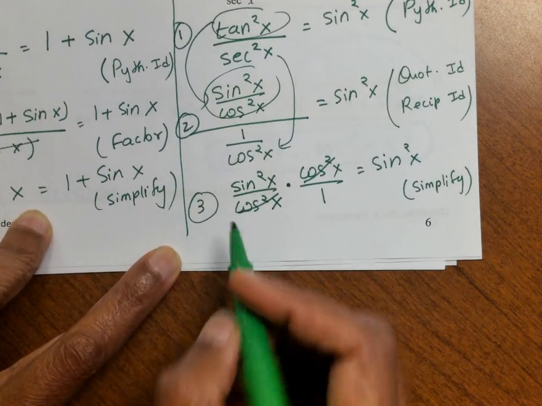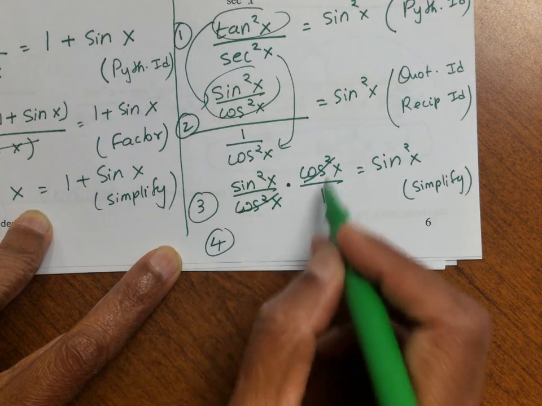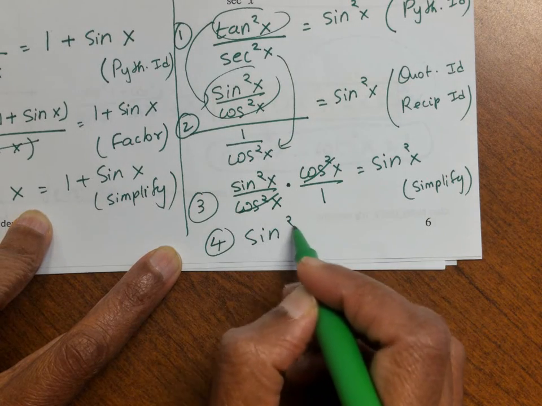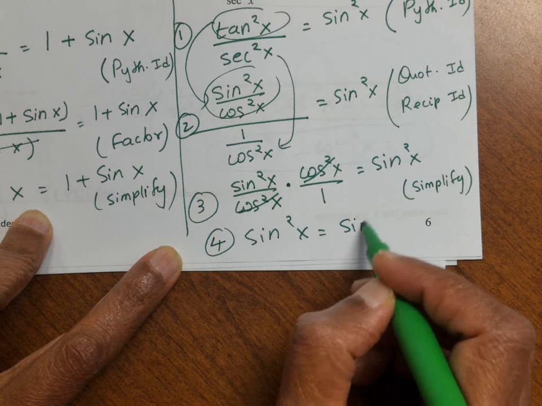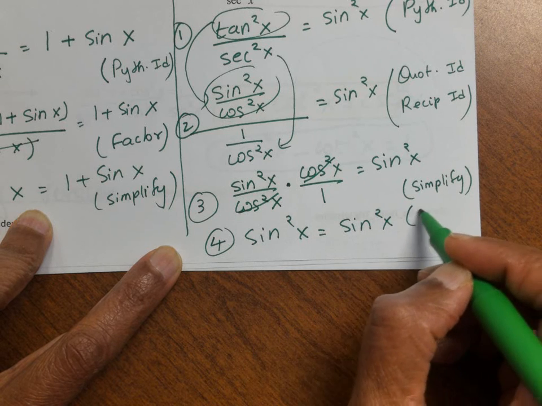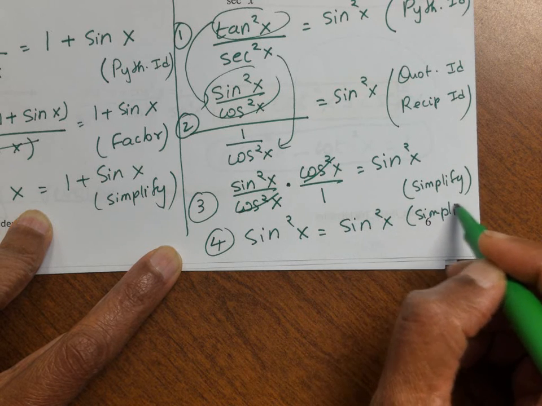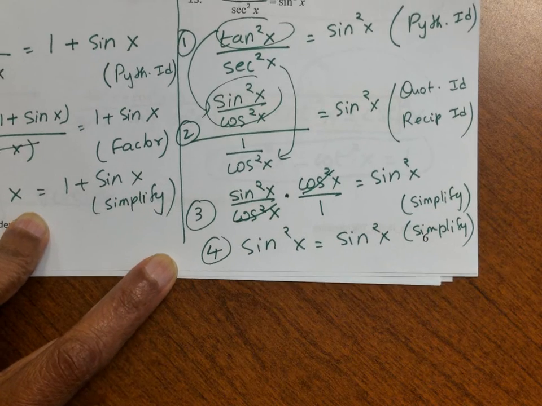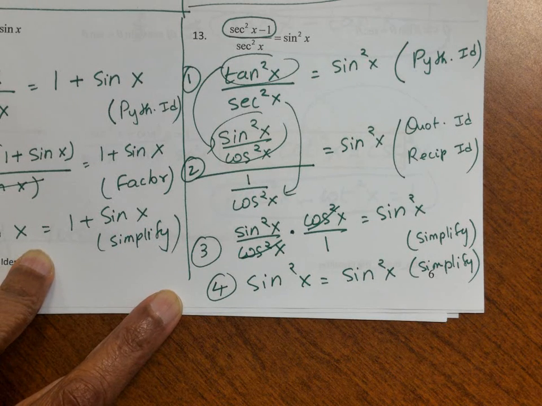Therefore, step 4 will give me my answer because I see I have only sine square x left here. Same, simplify, and I got my proof of left hand side being equal to the right hand side. Alright, I hope you have learned how to do some of this, and you can do some of these independently now.